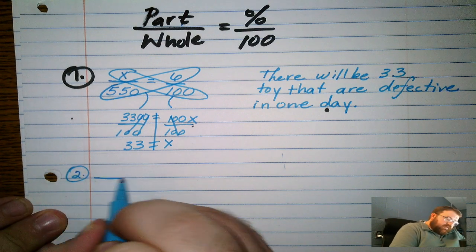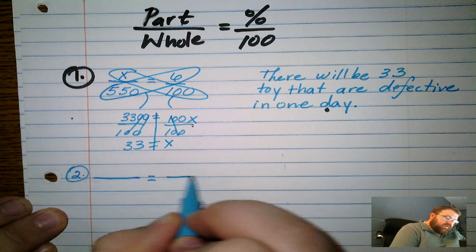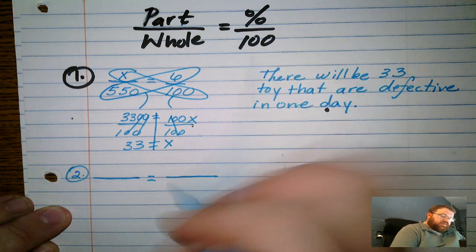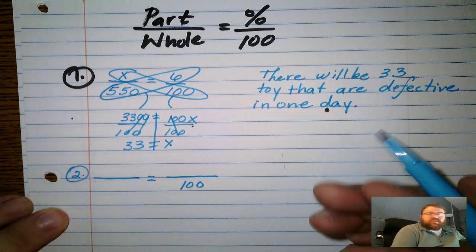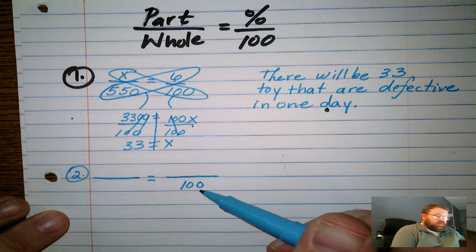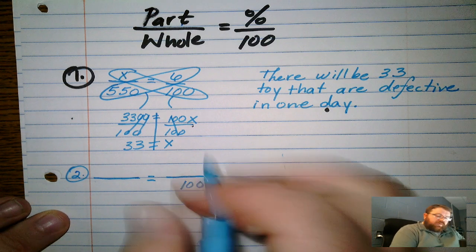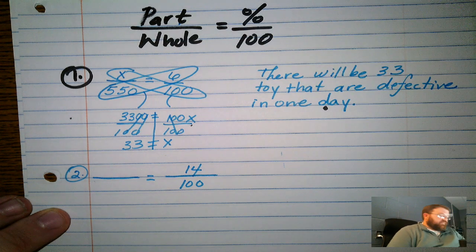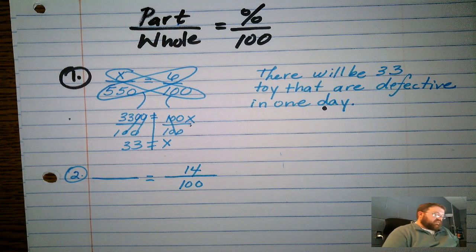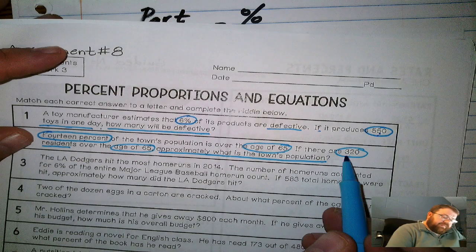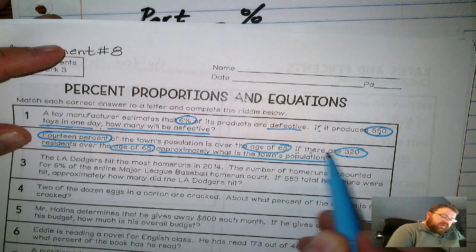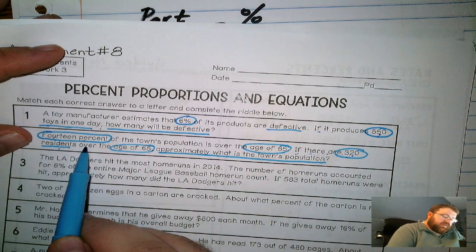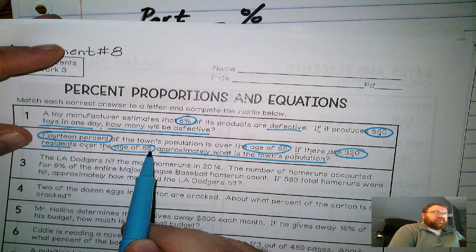So question number 2, we're going to start off by doing line equals line. I'm going to go ahead and put the 100 there because remember that's a constant, meaning that will always be 100. 14%, so I know that the percents go above 100. The next thing I need to deal with is the 320, because it says if there are 320 residents over the age of 65.